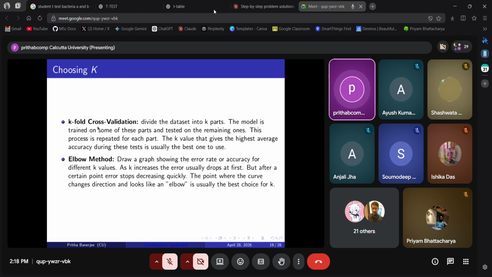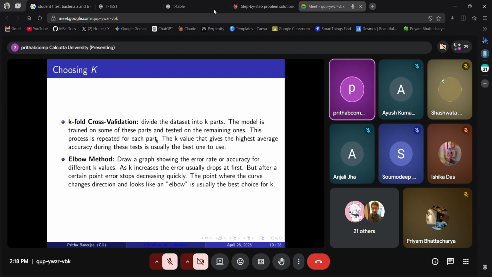So there is another one which is called k-fold cross validation. Given time, we'll see a little more about this cross validation. In k-fold cross validation, typically we divide the data set into k parts, and then the model is trained on some of these parts and tested on the remaining ones.